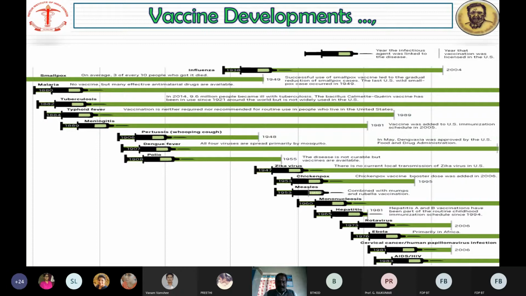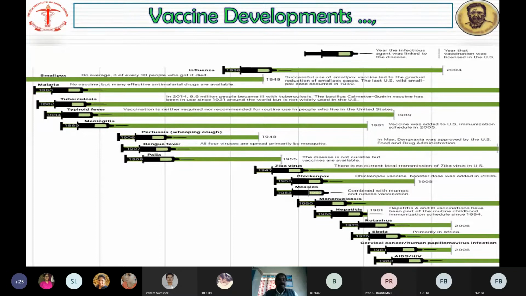Very good means it has safety, efficacy and potency, and should not cause any kind of adverse reaction. Like in 1889 we identified meningitis, and that vaccine was developed in 1981.